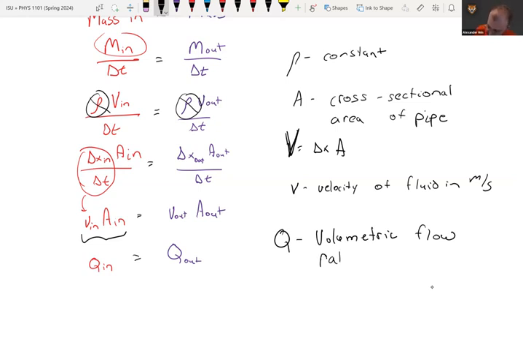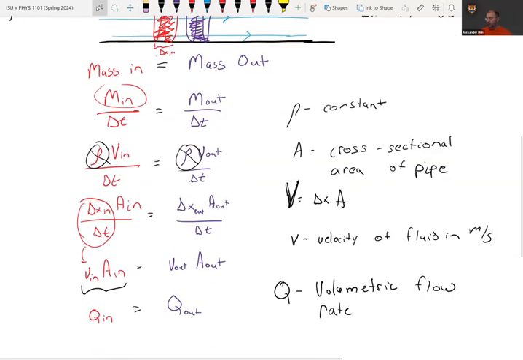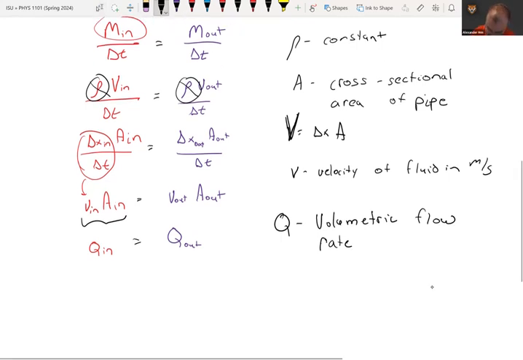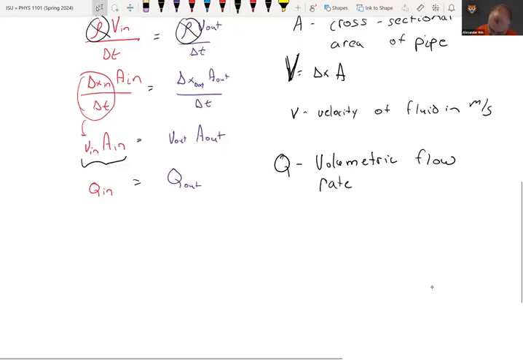So the idea behind this is that anywhere in a pipe, we can draw one of these cross-sectional area circles, and the volume flowing into that has to equal the volume coming out of it, per unit time. The volumetric flow rates at all points in the pipe have to be equal. That's basically what the continuity equation is saying. So I'll state that.